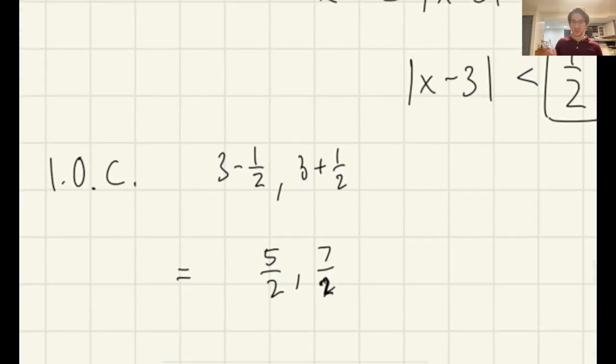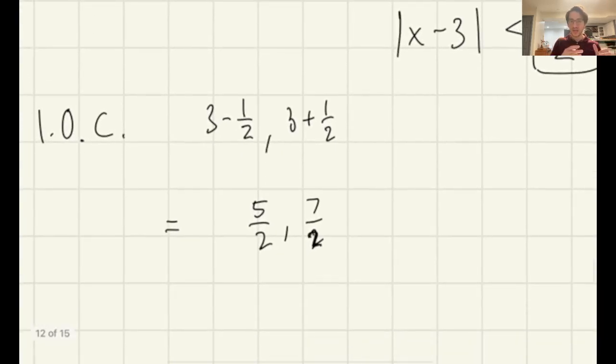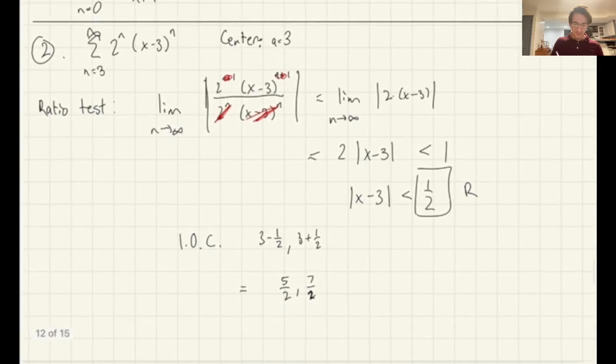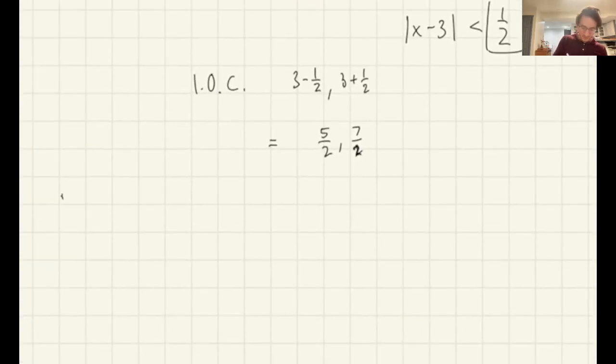The interval of convergence looks like this, and I just need to figure out brackets, parentheses, or a mix of the two. The way we figure that out is plugging in the endpoints. Okay, so I plug in x equals 5 halves.